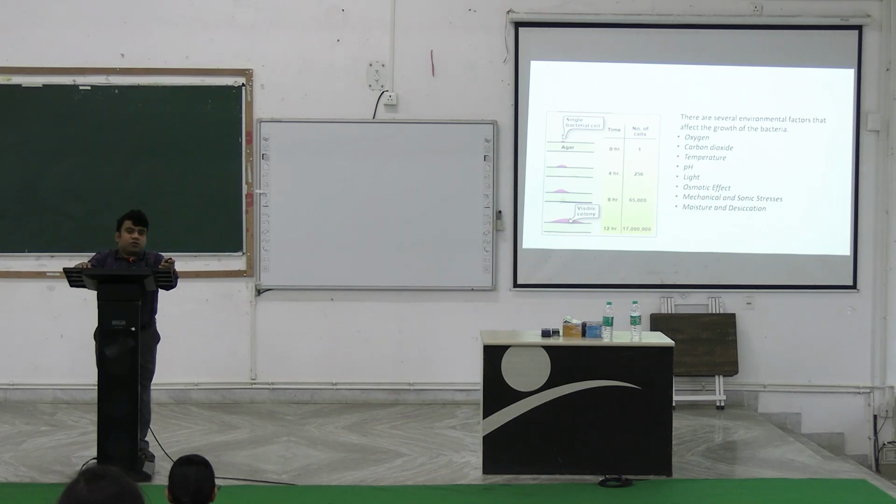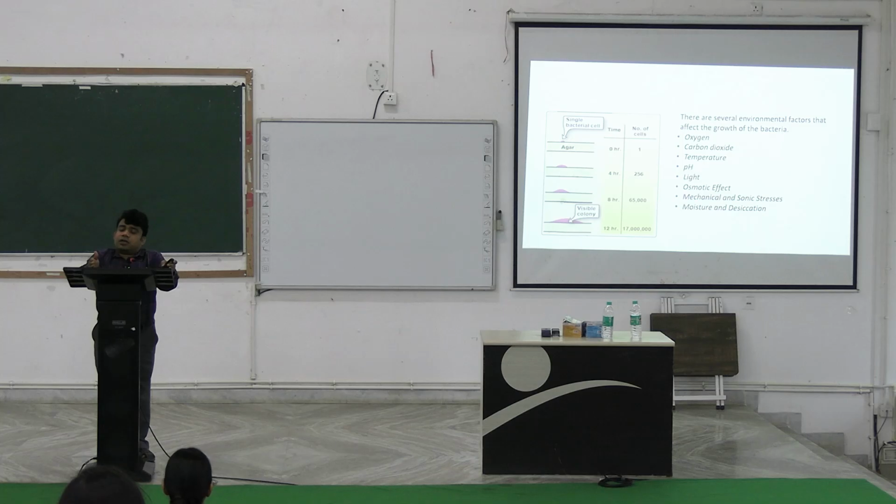So, it is required for ATP synthesis in case of aerobic metabolism. So, some bacteria are called obligate aerobes. Their metabolism is by the aerobic method. Some bacteria are called anaerobes. They do not undergo any aerobic metabolism. They only have fermentative metabolism, that is anaerobic metabolism, right?